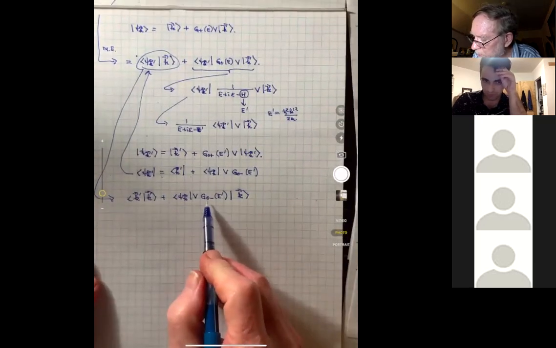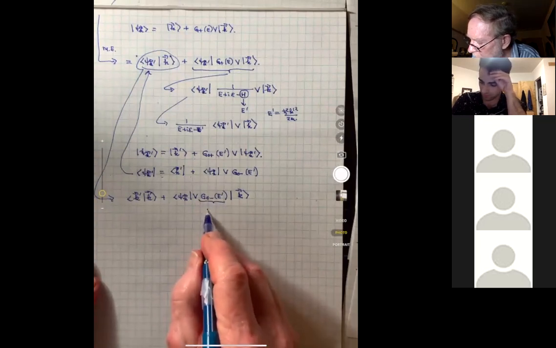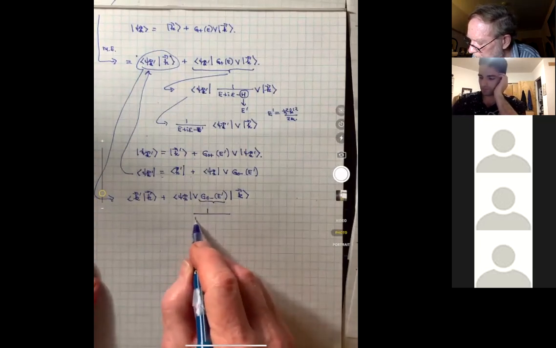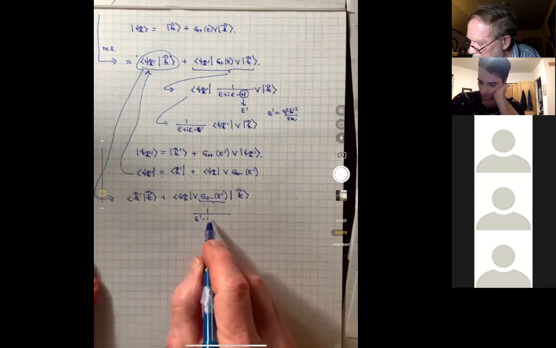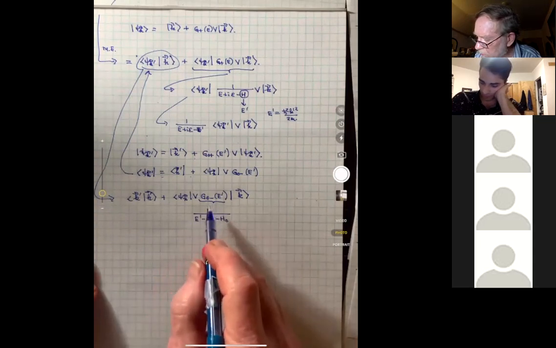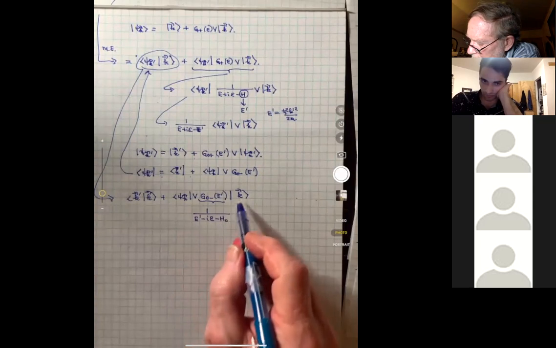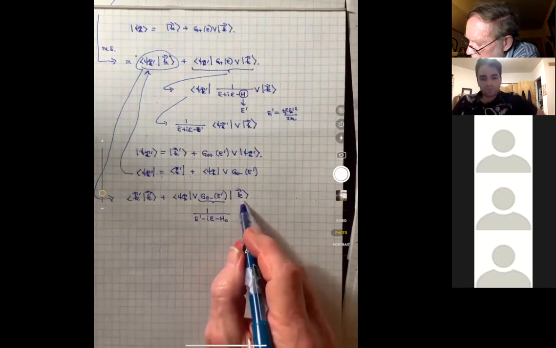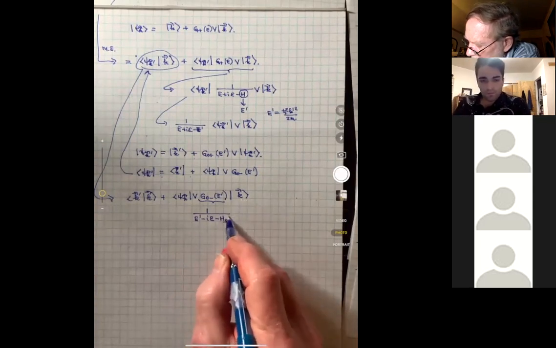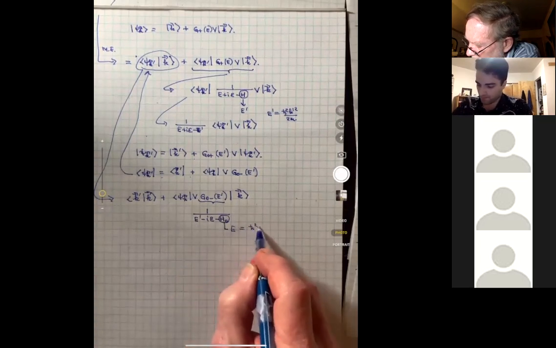Now we've got G0 minus of E prime, which is the same thing as 1 over E prime minus i epsilon minus H naught, with the limit epsilon goes to 0 understood. But H naught is adjacent to an eigenstate of itself, of wave vector k, so H naught can be replaced by E, which is understood to mean H bar squared k squared over 2m.